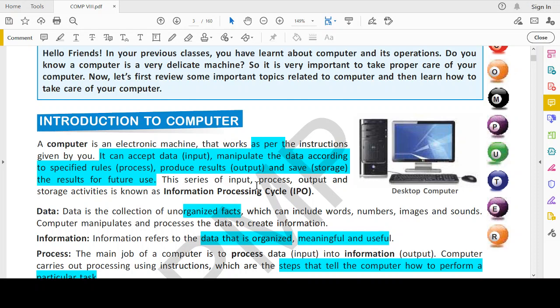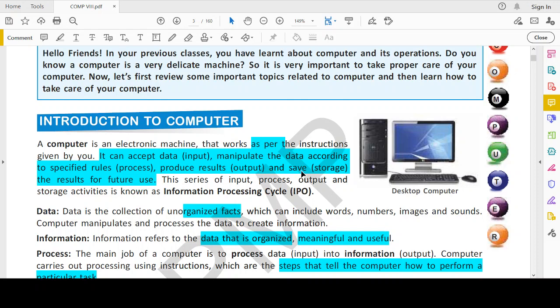These series of input, process, output and storage activities is known as information processing cycle. So what is an information processing cycle? The steps of accepting the data through the input device, manipulating those data according to some specified rules, and producing some results or output on the output devices.